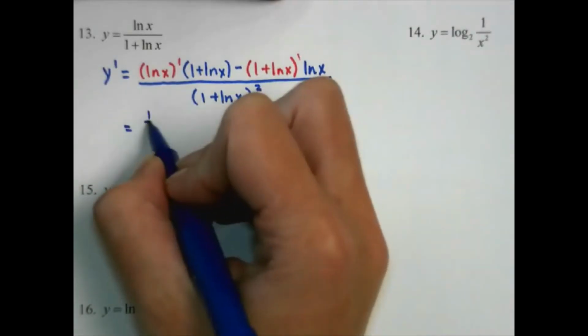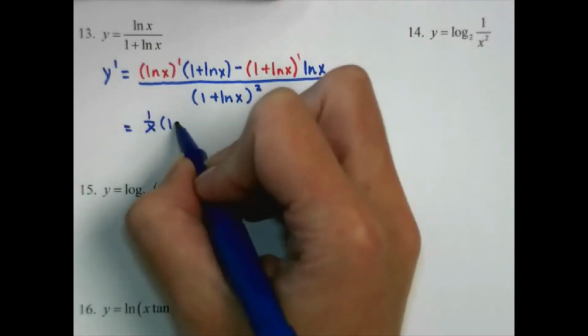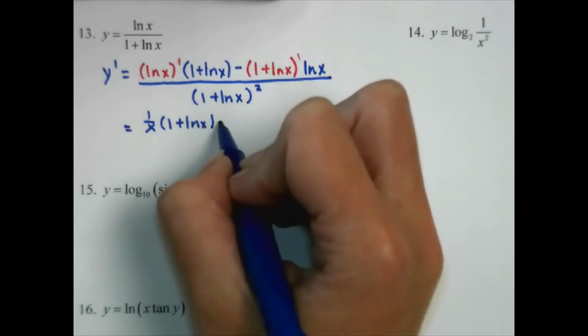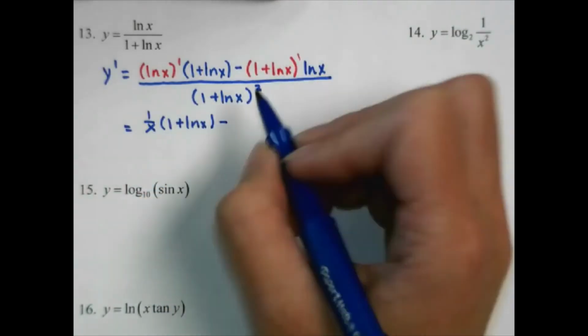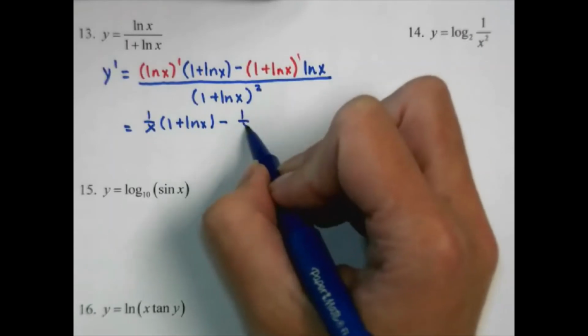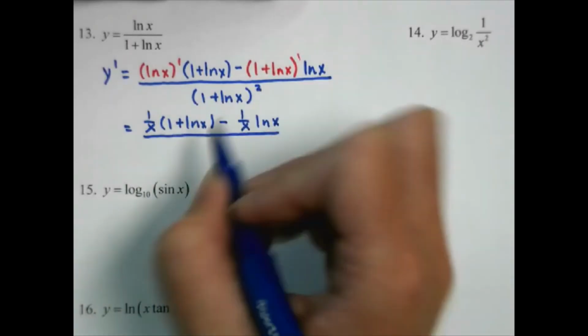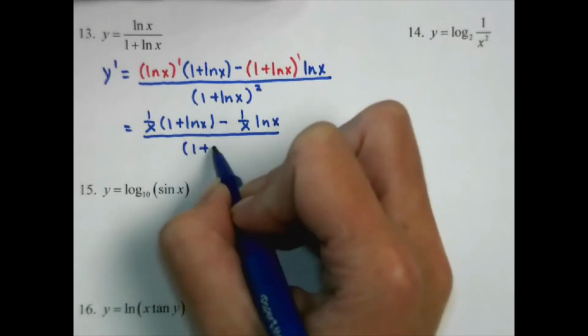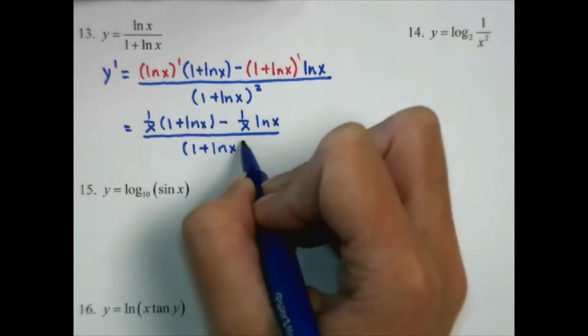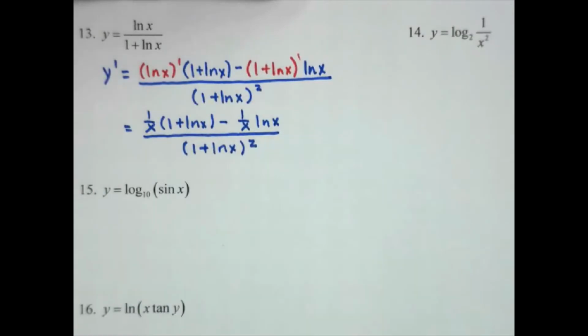So the derivative of natural log is 1 over x. The derivative of 1 plus natural log of x is 1 over x. All over 1 plus natural log of x squared.